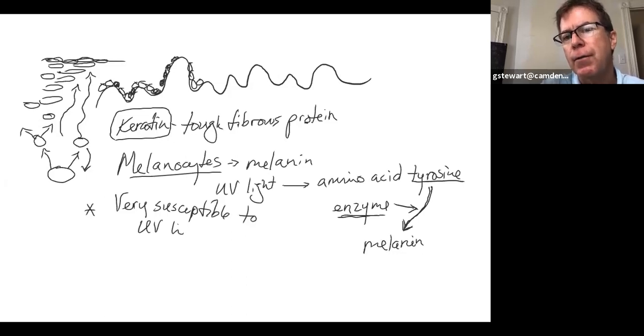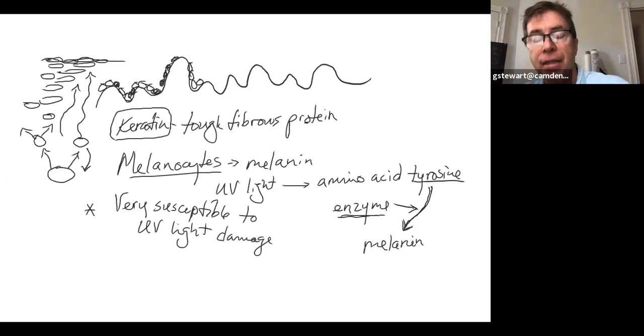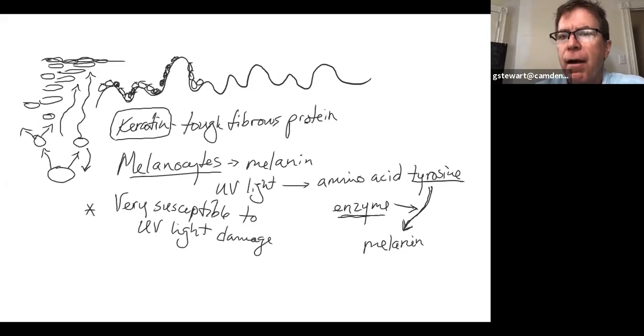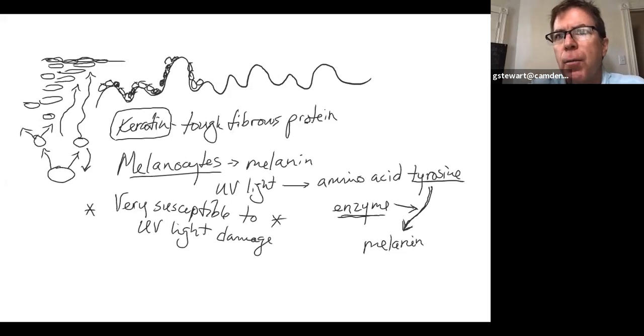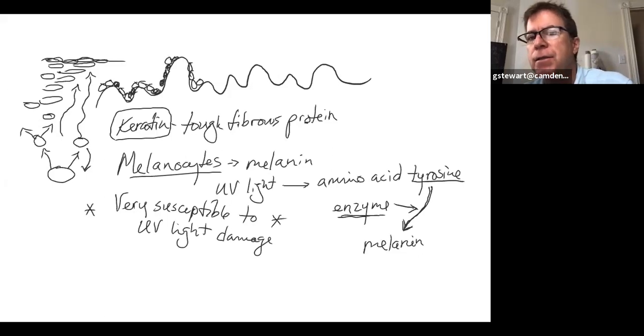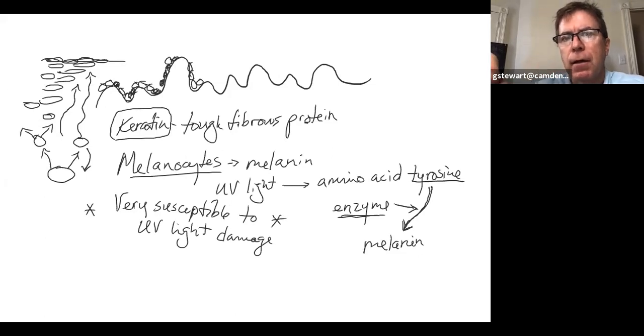So even though it's kind of an oxymoron, even though their job is to produce melanin to protect themselves as well as other keratinocytes and stem cells around them, they are very susceptible to UV light damage. You've probably heard of the cancer malignant melanoma. That is literally a cancer of this melanocyte.